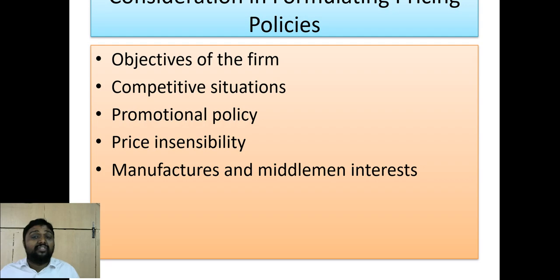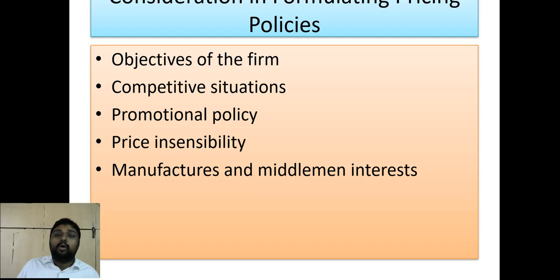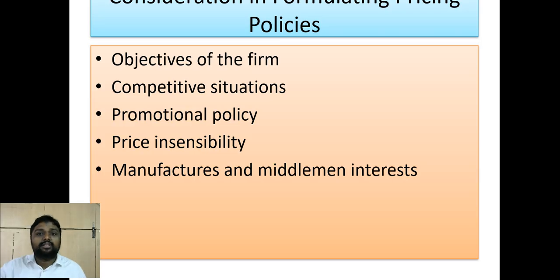Then price stability. For some products, the producers only produce the product. The ultimate customer is reached through middlemen or other kinds of persons. So if the middleman wants more profit, obviously the cost of the product for the customers will increase, because at each level they want to add their profit.